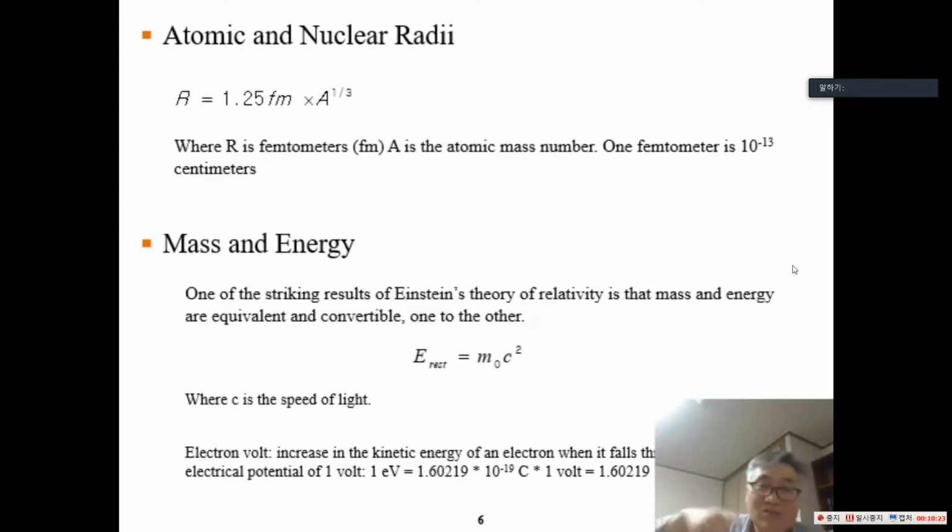So mostly the radius of an atom is 10 to the minus 10 meter. But the radius of the nucleus is 10 to the minus 15.